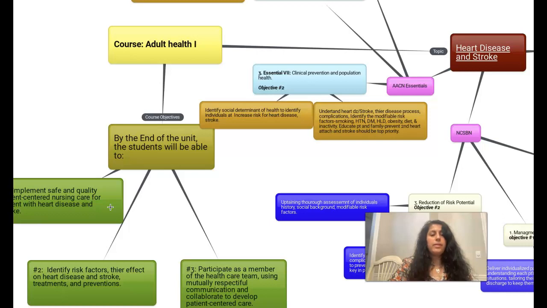Two, they will identify risk factors, their effect on heart disease, their treatment, and prevention. And third, the baccalaureate student will be able to participate as a member of the healthcare team using mutually respectful communication and collaborate to develop the best patient-centered care.